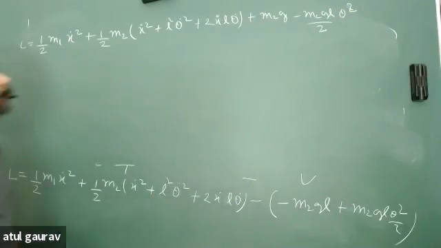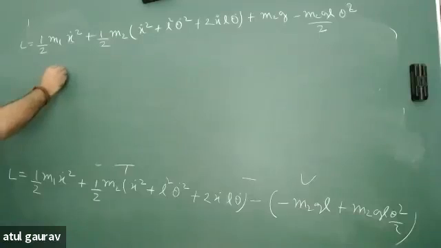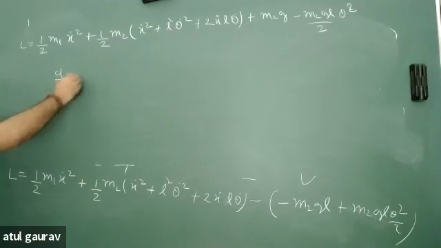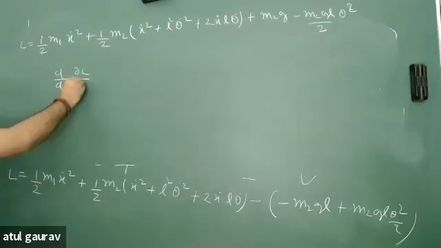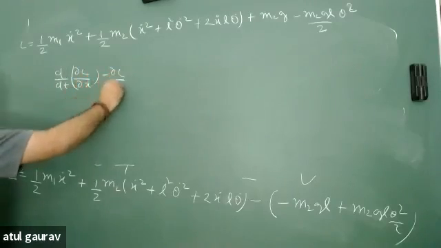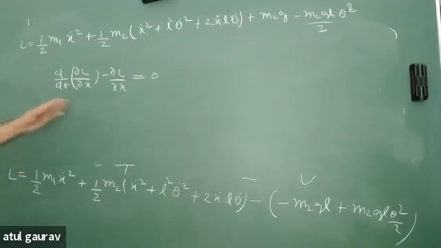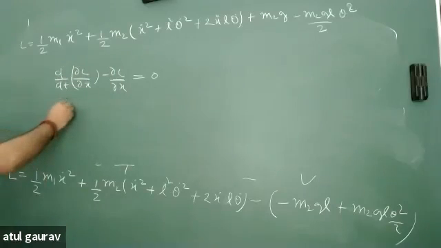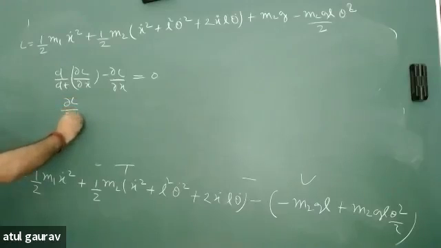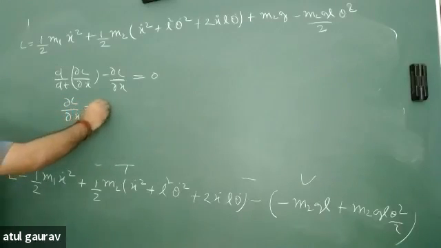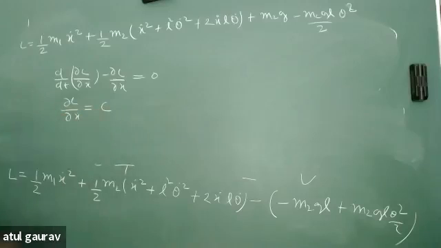Now let's go for the equation of motion. First, d upon dt del L upon del x dot minus del L upon del x must be equal to 0. You can see del L upon del x is itself 0. So del L upon del x dot is equal to some constant, and we have learned earlier that x is my cyclic coordinate here.